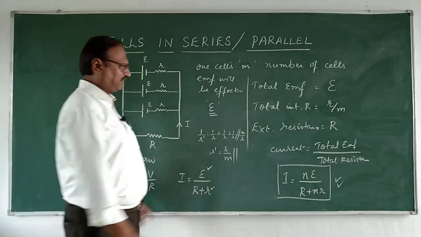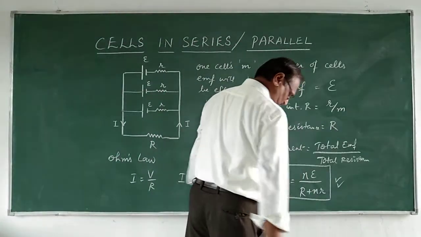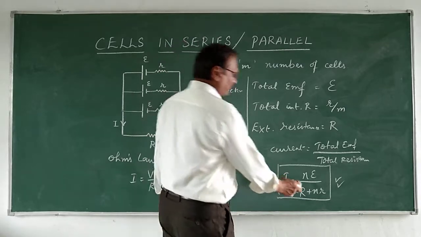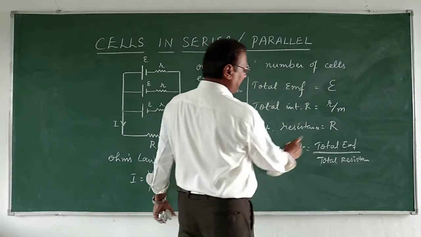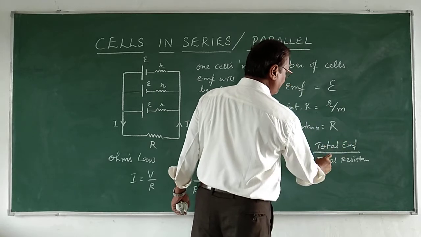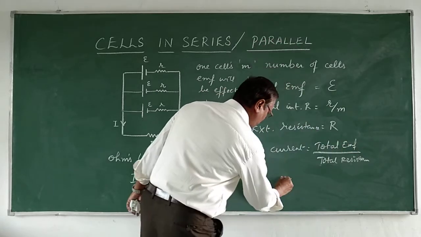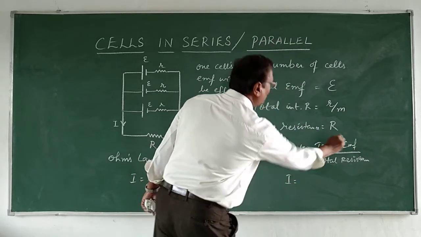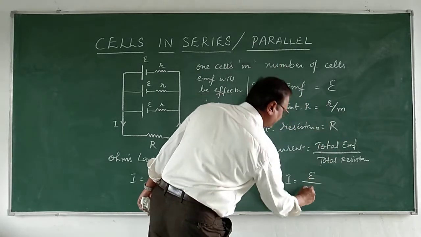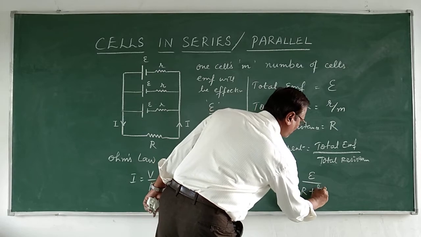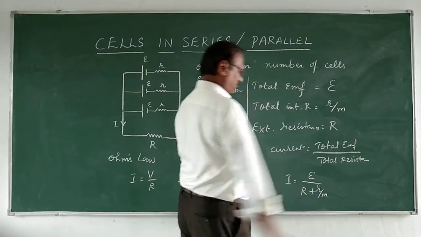Reciprocal I have taken, right? External resistance remains the same, that is R only. Fine. So let me substitute the values here. Current is equal to total EMF upon total resistance. So I is equal to epsilon upon R plus small r upon m.